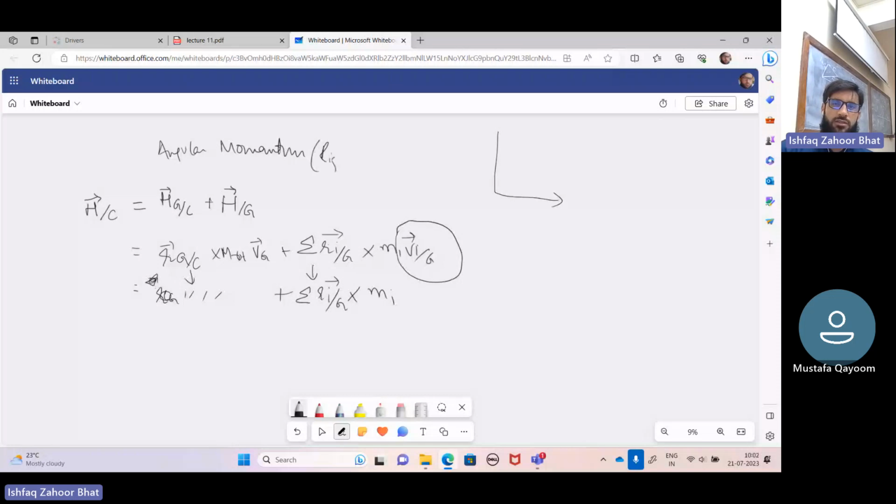Don't forget that I am doing this for a rigid body. For a rigid body, we have just calculated that the velocity of point i relative to G is omega cross R_iG. G is some point associated with this body, which I have told you is fixed, and there is some point i on this rigid body, so we can use this formula: V_i with respect to G is equal to omega cross R_i with respect to G. Is it correct?